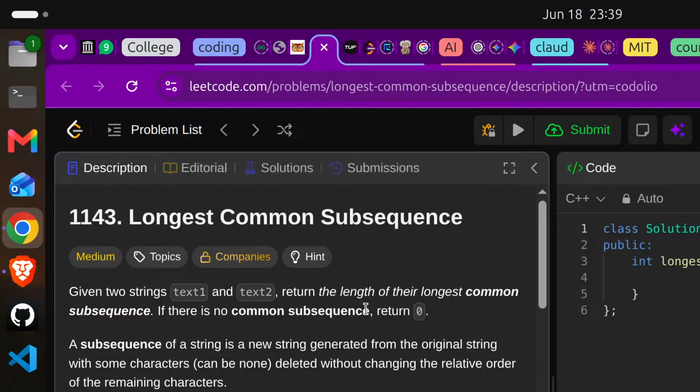Else dp of i comma j is equal to 0, right?